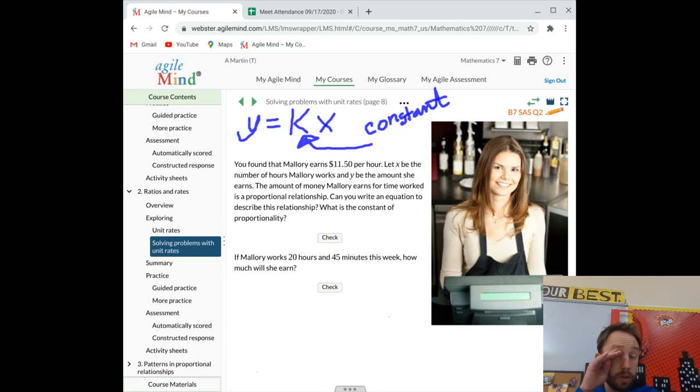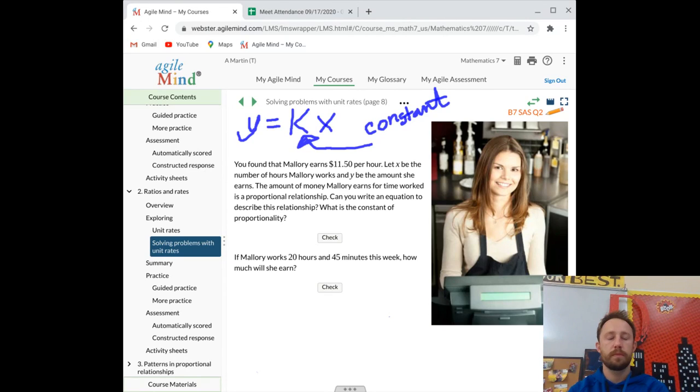Okay, so tell me what to write. I don't really know how to just put it in sentence form. I could just figure out how the answer would be.